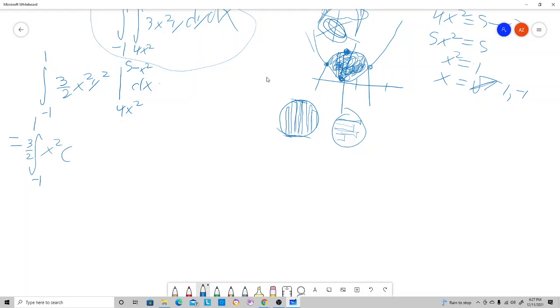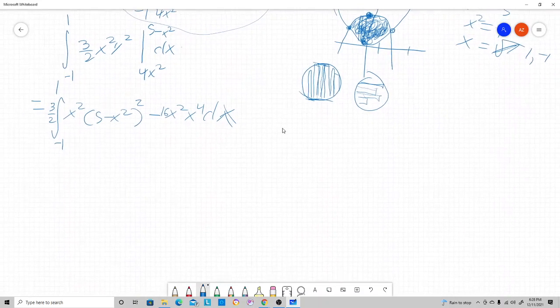Then x squared times 5 minus x squared, and now this would be a minus this, so minus x squared times 16, because this 4 became a 16, and then x to the 4th. Oh, sorry, I forgot to square that. And then dx. So now everything is in terms of dx, and we can integrate it normally.